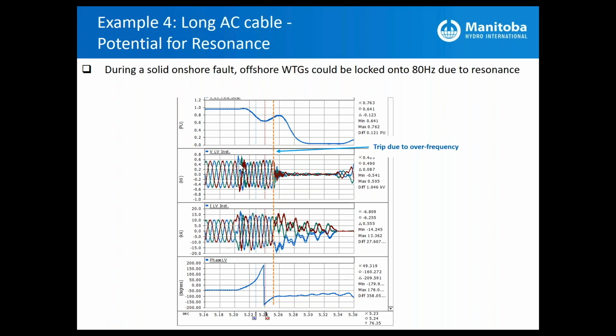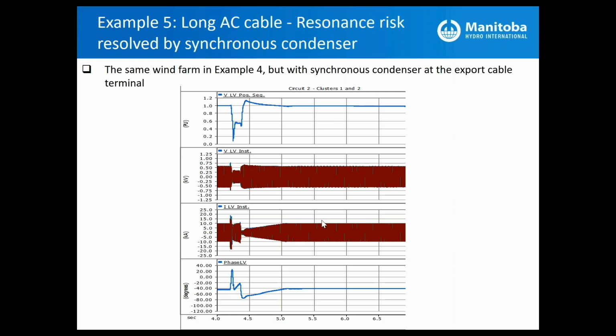And for some faults, this was sustained for the entire period of the fault. This was a fault for 150 milliseconds, and after four cycles of 80 Hertz, the turbine was tripping. We also found that when we added the synchronous condenser on the onshore side, we were able to prevent that from happening.